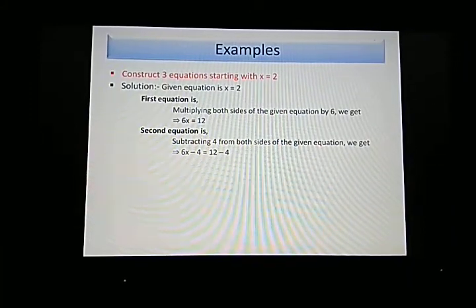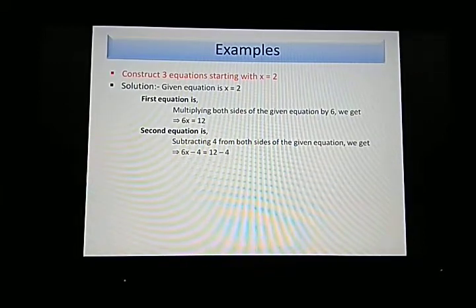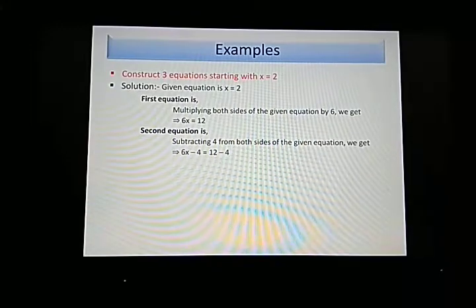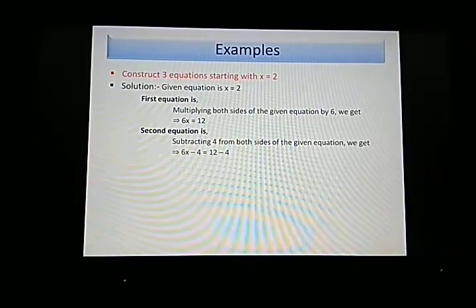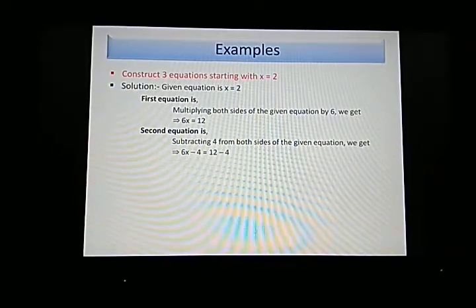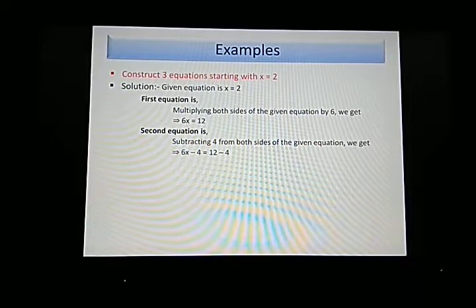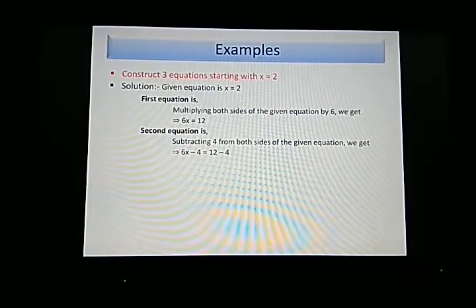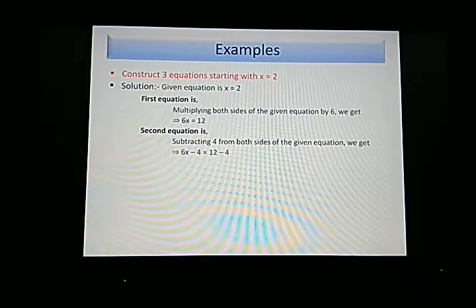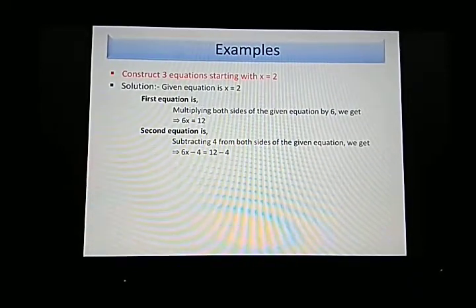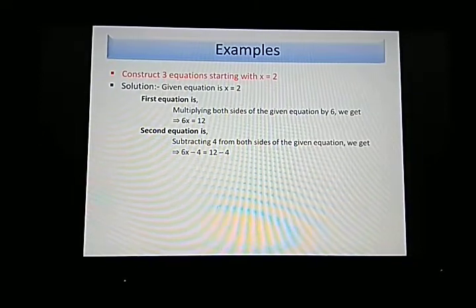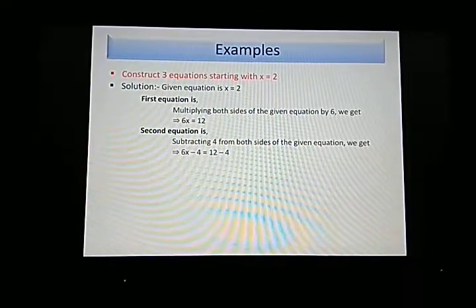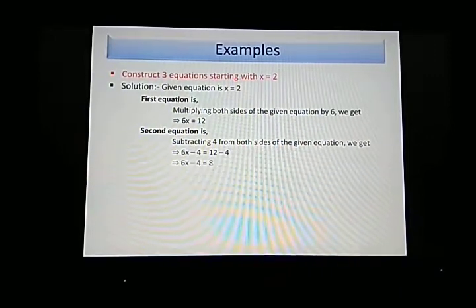That's why we have applied the mathematical operation, or we have used the same number on both the sides. Even if we are multiplying or subtracting or adding or dividing, whatever operation we use, the number remains the same on both the sides. This helps to maintain the equality of the given equation. Clear?